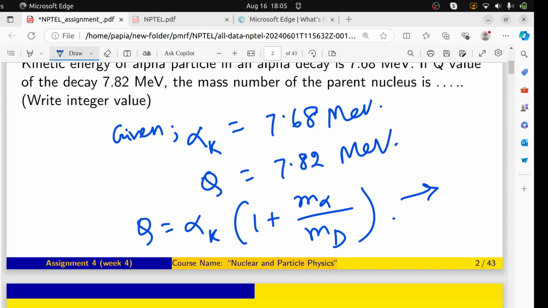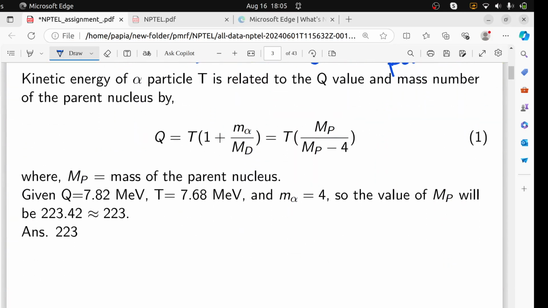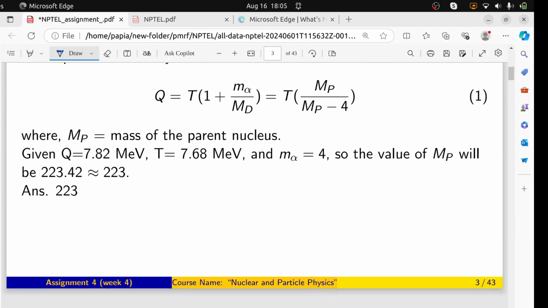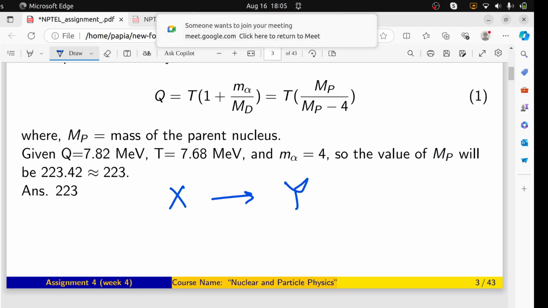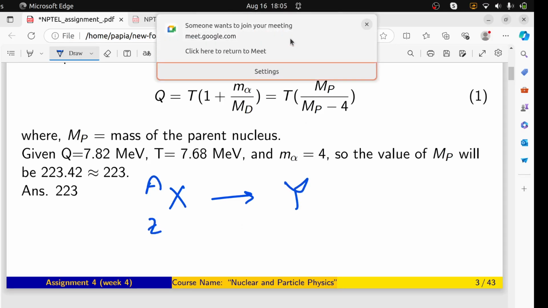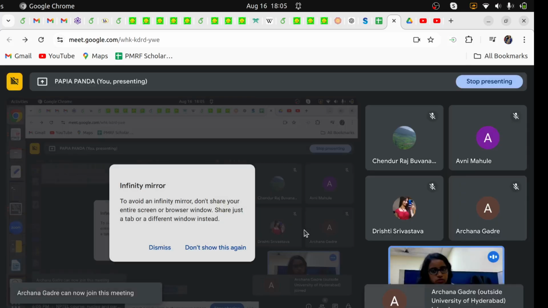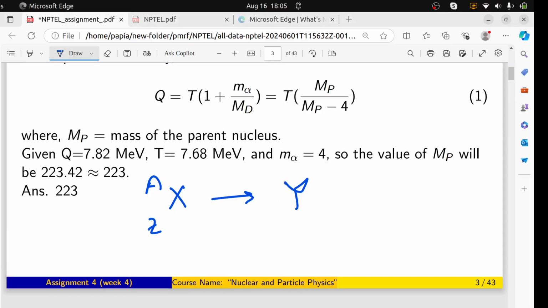That means they are asking what m p will be. So let's say the parent is X with Z and A, and the daughter is Y. For alpha decay, Z becomes Z minus 2 and A becomes A minus 4.